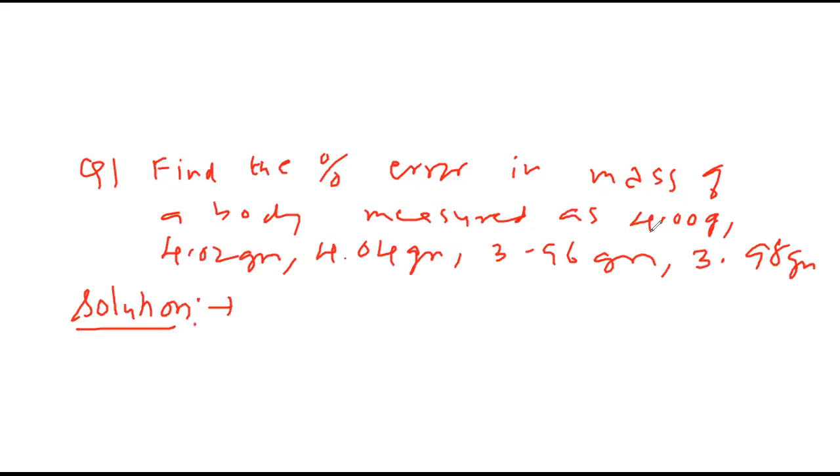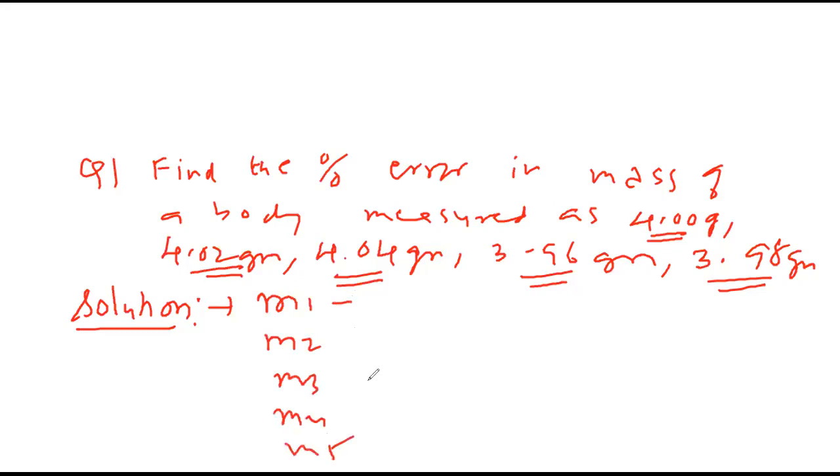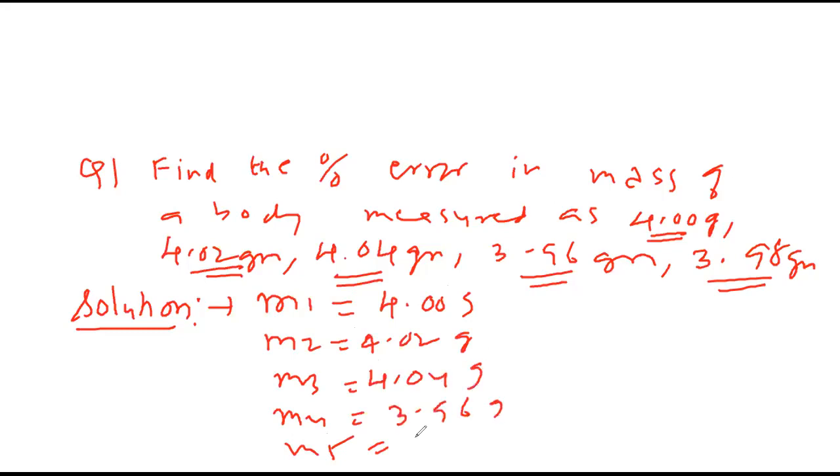If you see there are 1, 2, 3, 4, 5 observations, all are masses, no? So mass I can denote by M. So M1, M2, M3, M4, M5 are 4 gram, 4.02 gram, 4.04 gram, 3.96 gram, 3.98 gram.